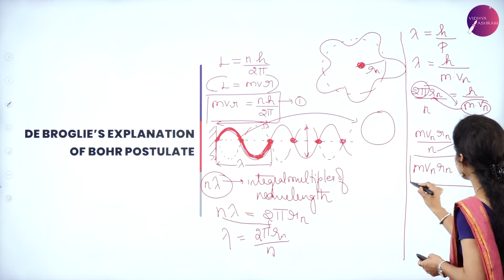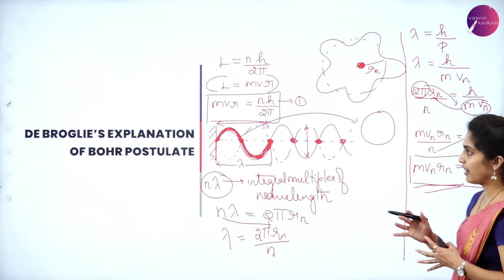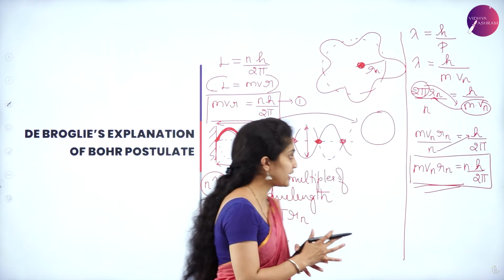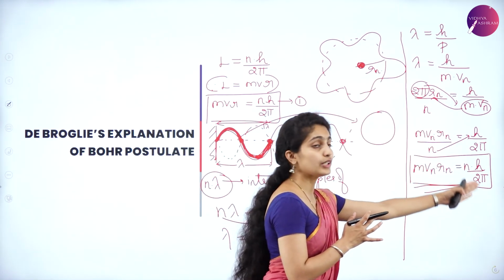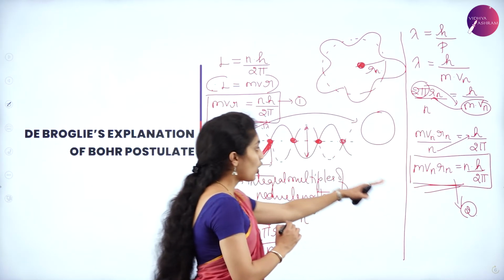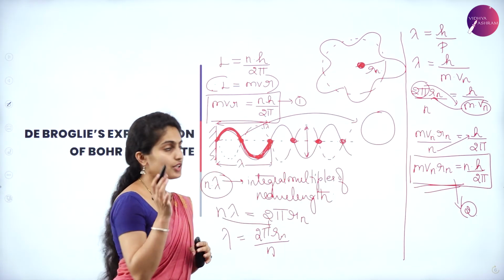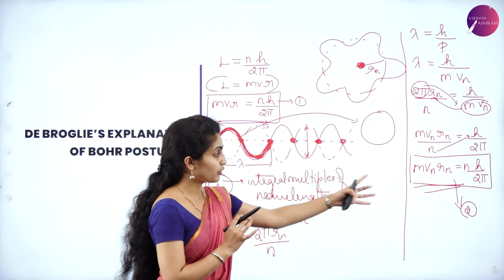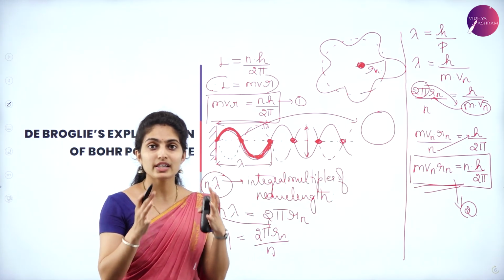So this is the set of equation which you're having in your hands, that is de Broglie's explanation of Bohr's postulate. So mvr is equal to nh by 2 pi. Say it as equation 2. Holds good with the first equation, that is mvr is equal to nh by 2 pi. Here we are talking about the nth orbit. So both also are equated.